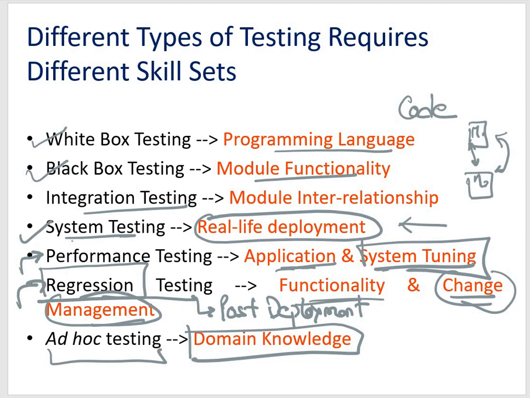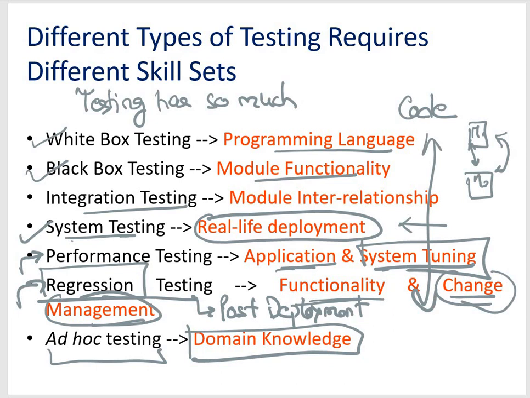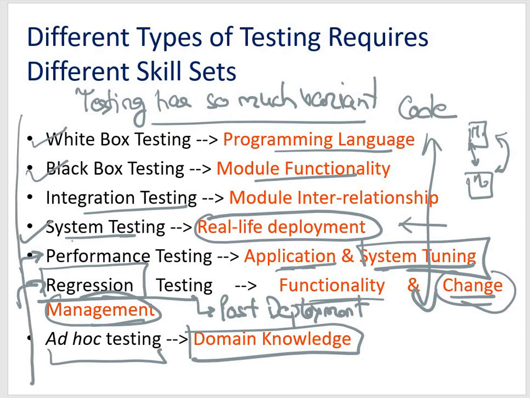So looking at these things, can we say that testing has so much variety? Testing has so much variety because so many things we need to know. It's not a monotonous task. It deals with many different verticals.